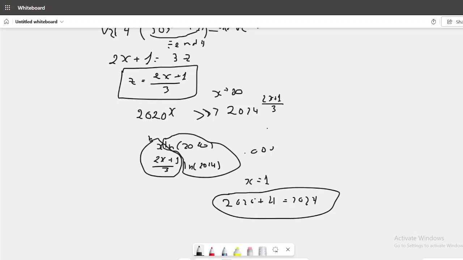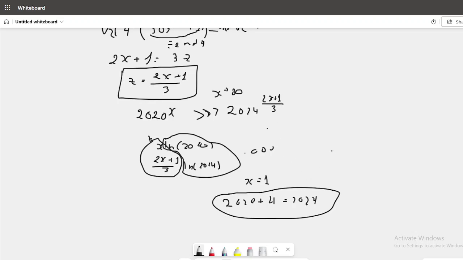And that's it, pretty much. Other than that, when x is increasing, 2020 to the power of x will be strictly larger than 2024 to the power of 2x plus 1 over 3.